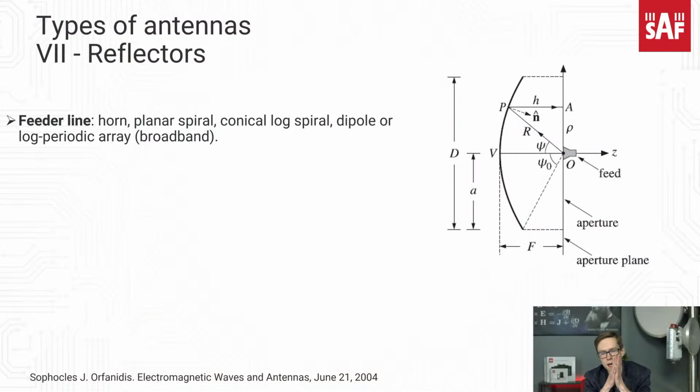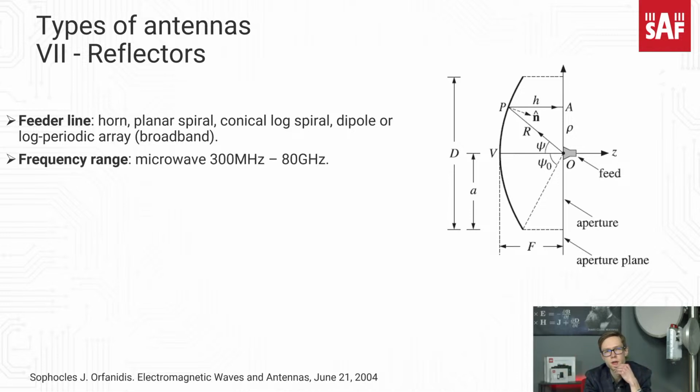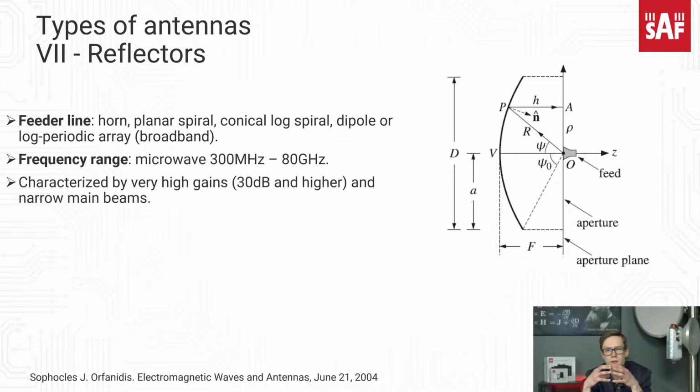So it consists of the reflector itself. That is why it has this name, the reflector antennas. And the feeder, which is a separate element, which can be a horn, or a planar spiral, or a conical log spiral. It could be also a dipole or log periodic array. The frequency range is the microwave frequencies most of the time, and it is frequency selective.